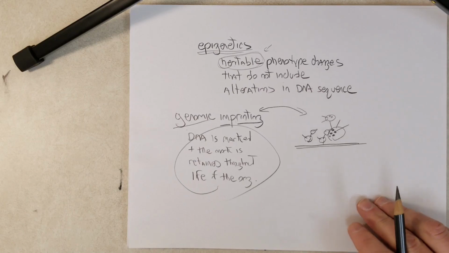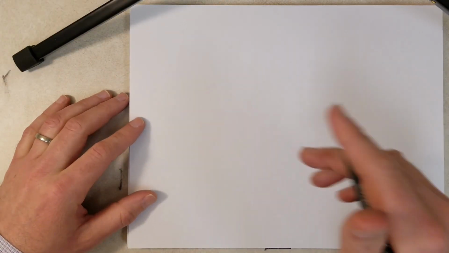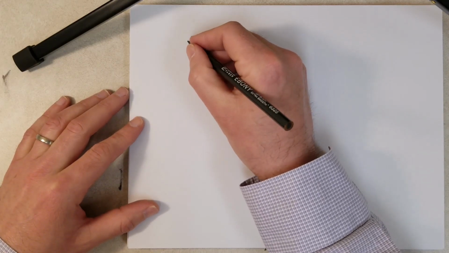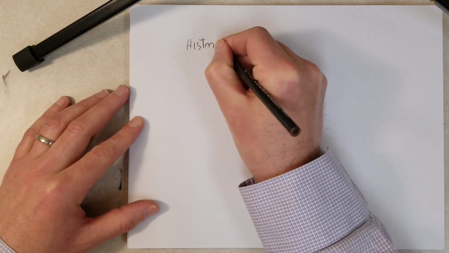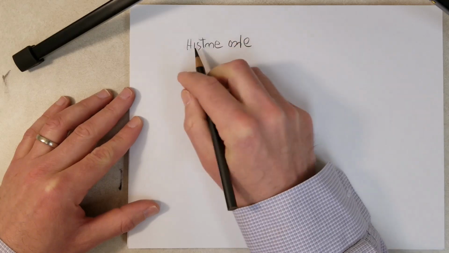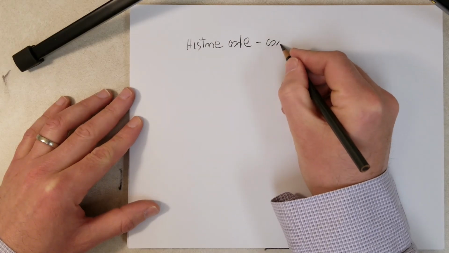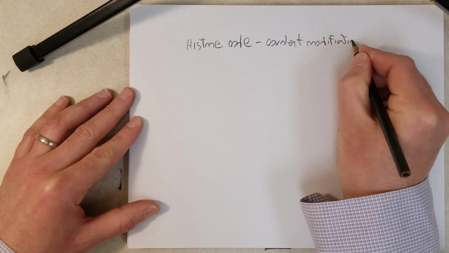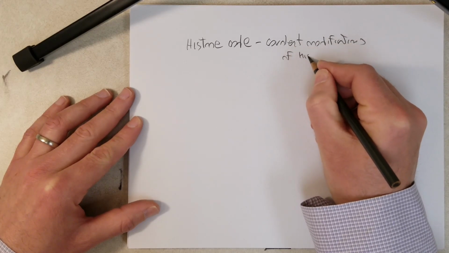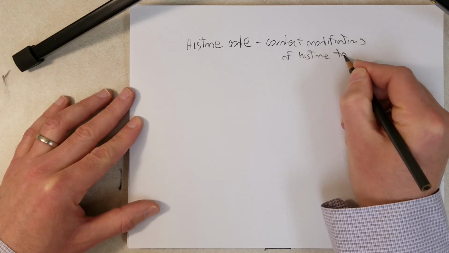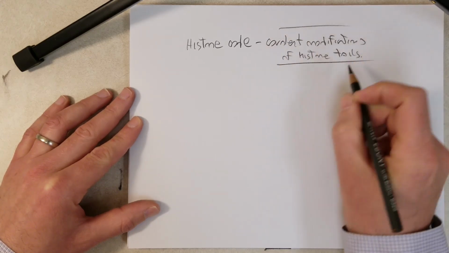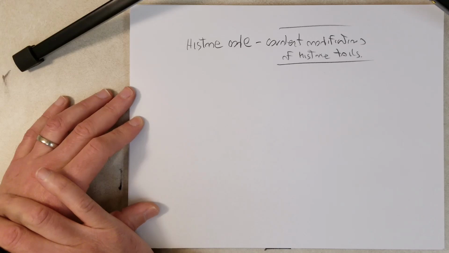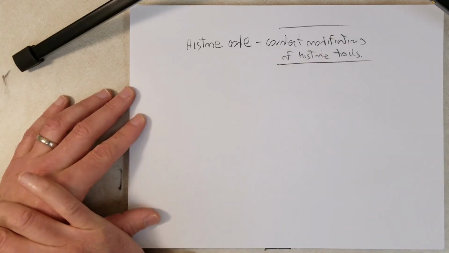So sometimes marks might not occur directly on DNA, but there could be the histone code, right? Histone code involves, as we saw in a previous video, covalent modifications of histone tails. And maybe these specific modifications can be maintained throughout the life of the organism.